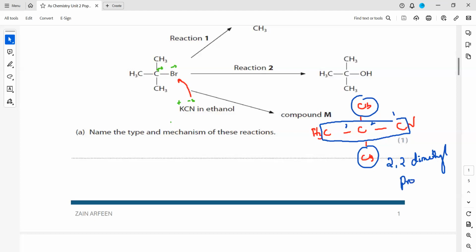They have a single bond between them, so it will be an. And because of this carbon and nitrogen link, we call them nitrile. So it will be propanenitrile. So as a nucleophilic substitution reaction occurs, it will result in the formation of propanenitrile. So this is actually compound M.